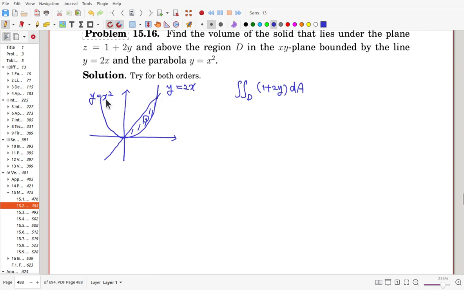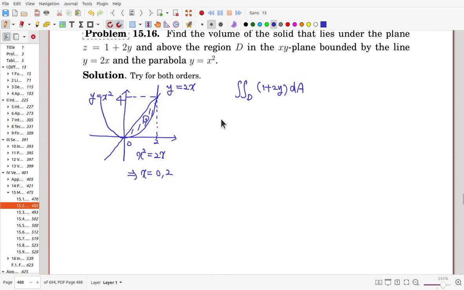From this one, y equals x squared, from that one, y equals 2x. So x squared equals 2x, which means that x is either 0 or 2. So this is 0, and this one is 2. Then in the y direction, this height must be 4, right?